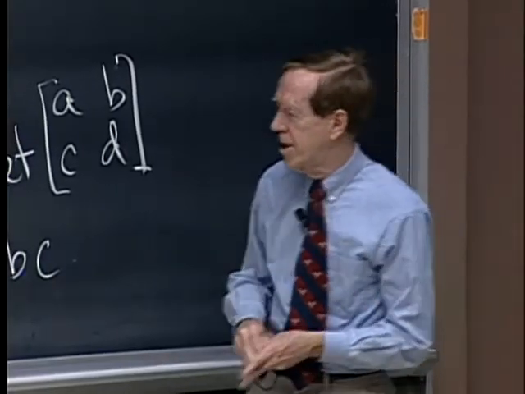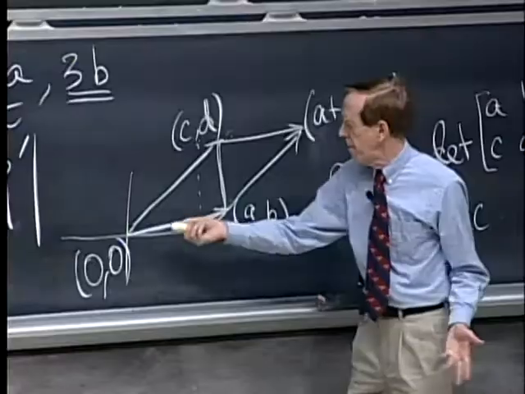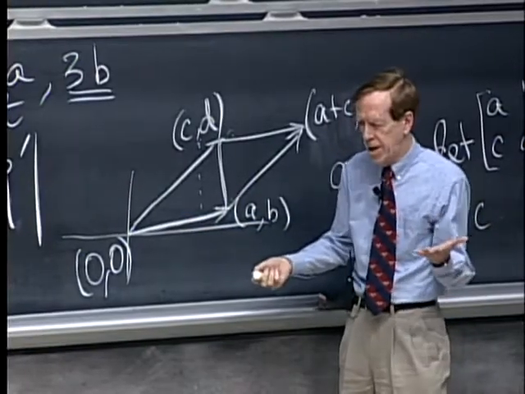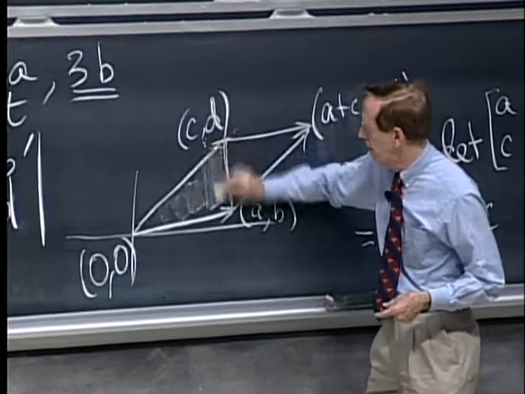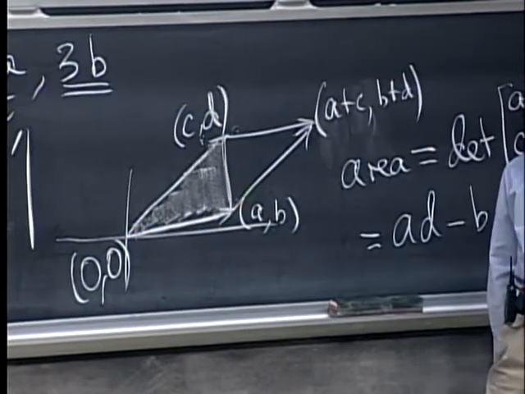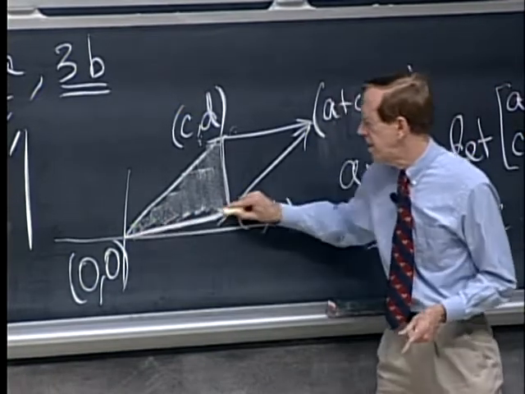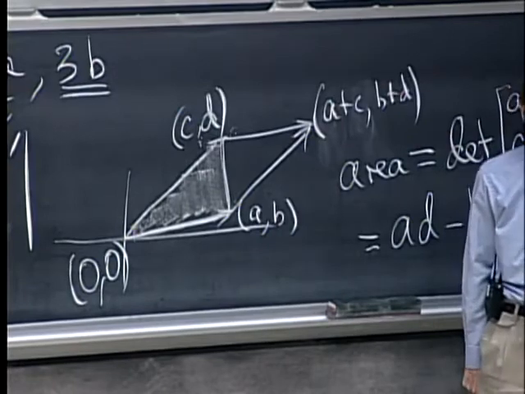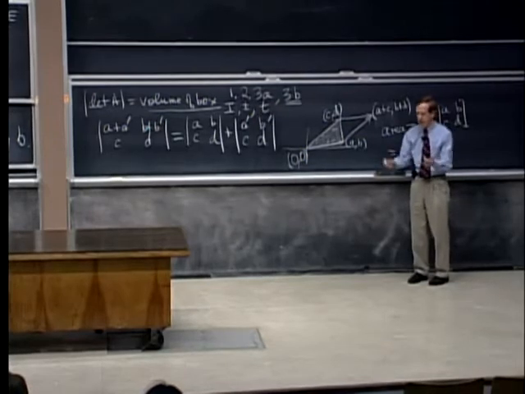And similarly, what's the area of this triangle? Suppose I chop that off, because you might often be interested in a triangle instead of a parallelogram. Now there again, everybody would have said the area of a triangle is half the base times the height. And in some cases, if you know the base and the height, that's fine.